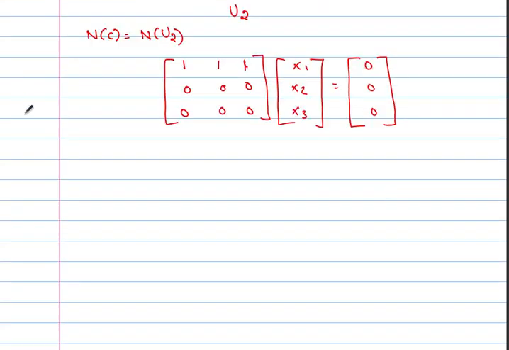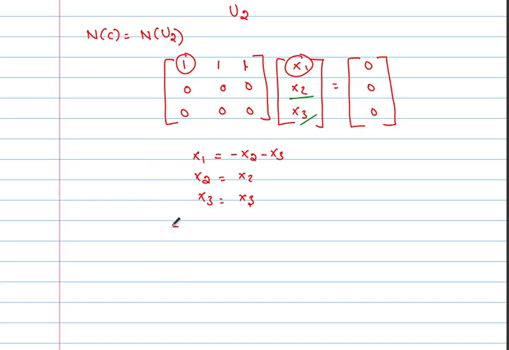I want to find the solution, correct? In the null space, x1 equals minus x2 minus x3, x2 equals x2, x3 equals x3, because the basic variable is only the pivot position here. So x1 is the only basic variable, and x2 and x3 are free variables.